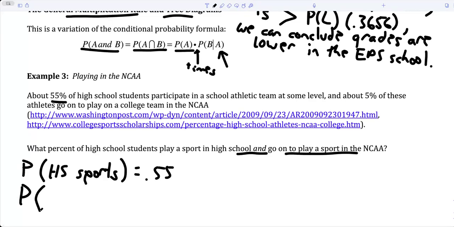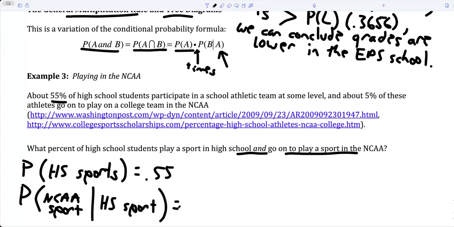And then what is the probability that they play a sport in college, an NCAA sport, given the fact that they played a high school sport? Well, that is this number right here. It says 5% of these athletes go on to play on a college team in the NCAA. So this is 0.05.